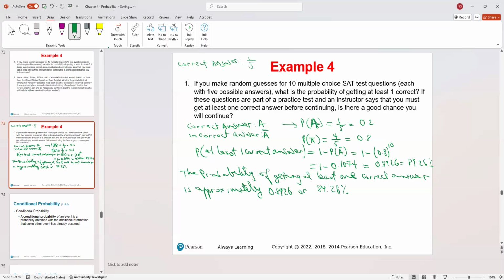So there's a very good chance you will meet the instructor's requirement and be able to continue. Definitely, you can continue taking the test based on this rule, because 89% is almost 90% of the time.